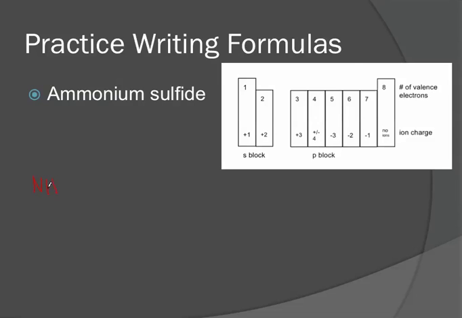And I always write the numbers for this. Sulfur is in group 16, so it's -2. When we drop and swap, the 1 goes here, and the 2 goes to the ammonium. That means we have to put the ammonium in parentheses. So we have (NH4)2S, 2 of those ammoniums and 1 sulfur.